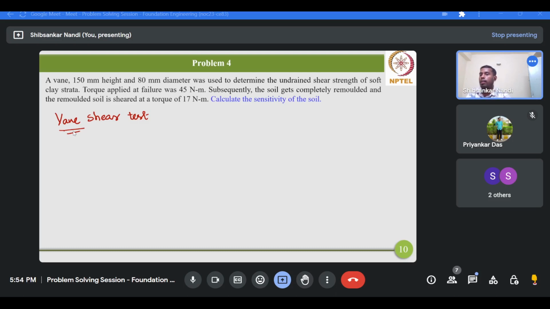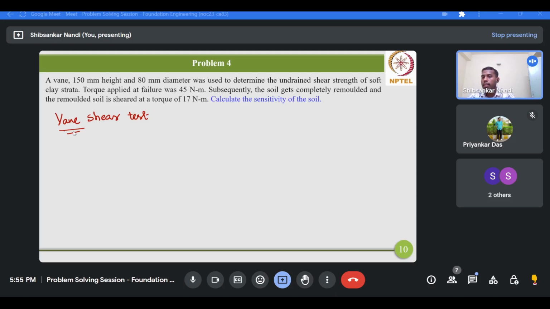Whenever you test a sample in the lab, first you have to extract the sample from the field in a very careful manner. Earlier we discussed that for determining the shear strength parameters, you have to obtain an undisturbed soil sample.